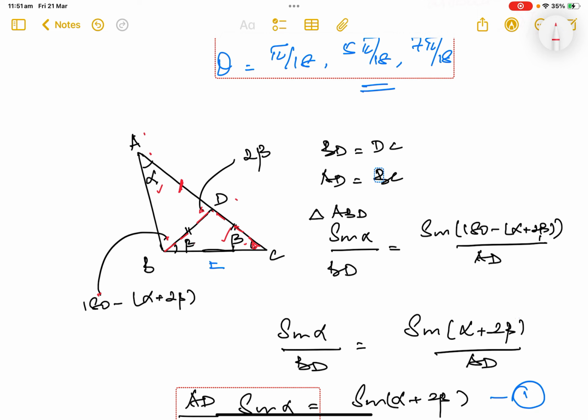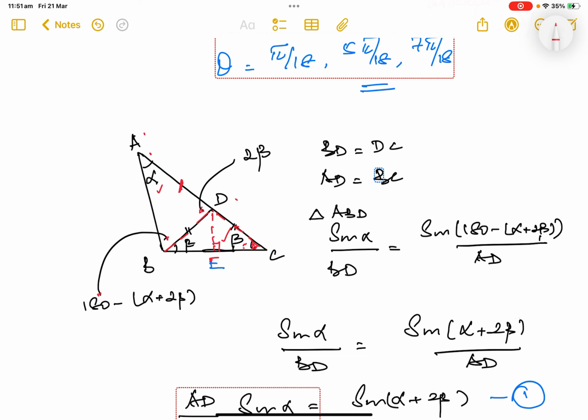And then again, the side BD equals DC. This side is equal, so triangle BDC is an isosceles triangle. Because one angle is beta, the other one should be beta too. And AD equals BC. I want to construct this for a reason. I'll come to that in a minute.